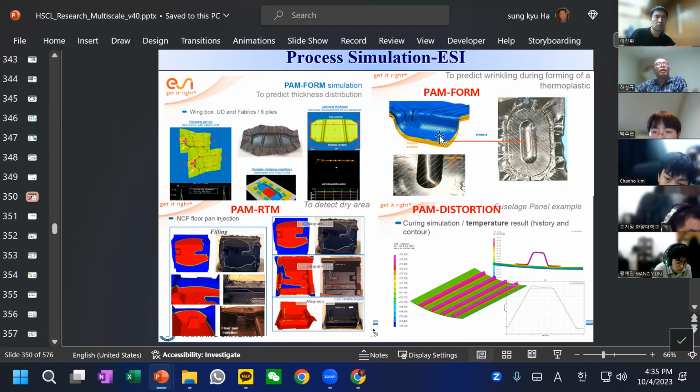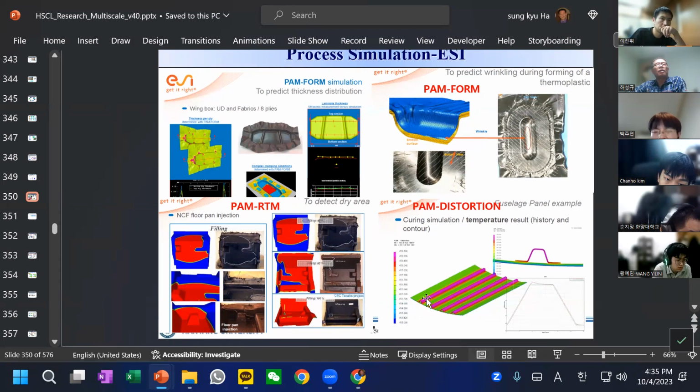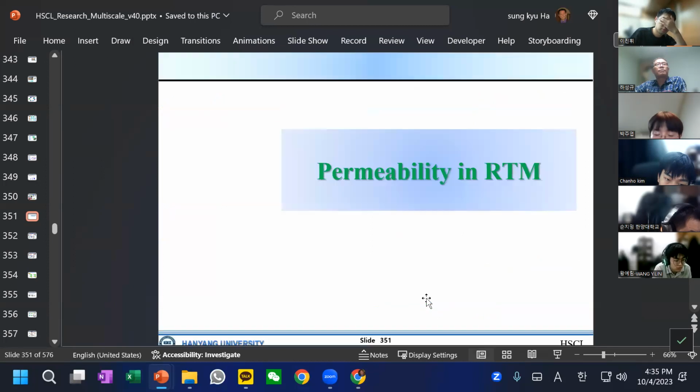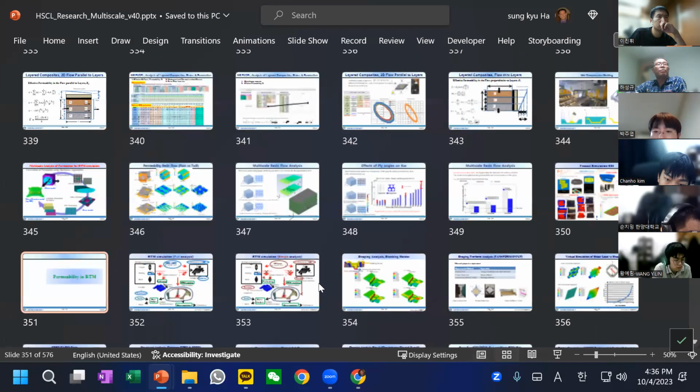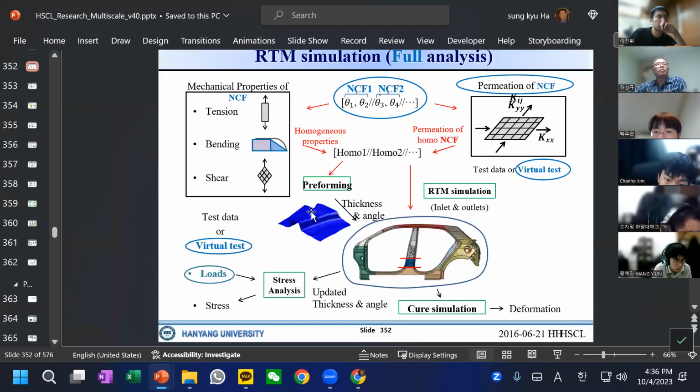And then either way, forming or RTM, or infusion, the composite can be distorted through the chemical reaction of the resin or thermal stress. Now this can be applied to, let's say, automotive.